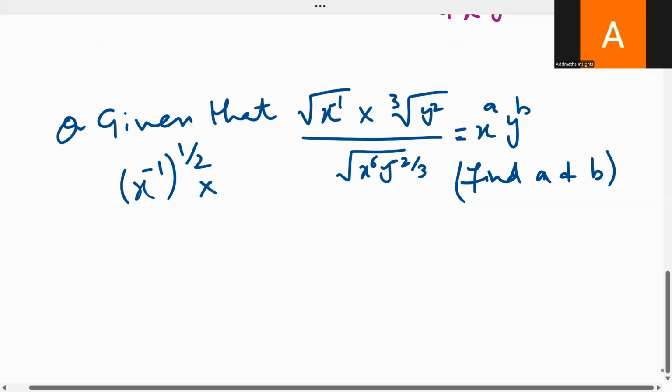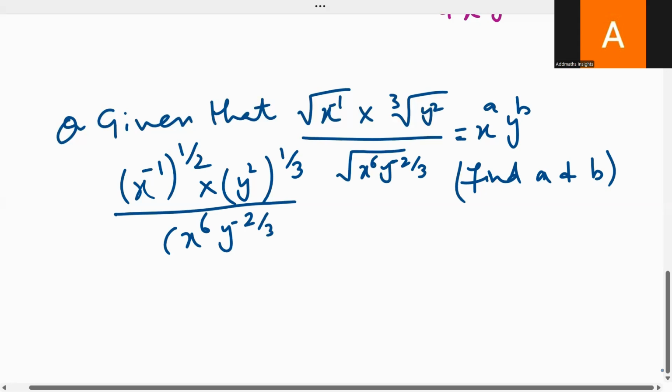And similarly, cube root means whole raised to the power 1 by 3. So you remove this sign as well. So x raised to the power 6, y raised to the power minus 2 by 3, whole raised to the power 1 by 2. Right? So here we are only solving the left hand side.